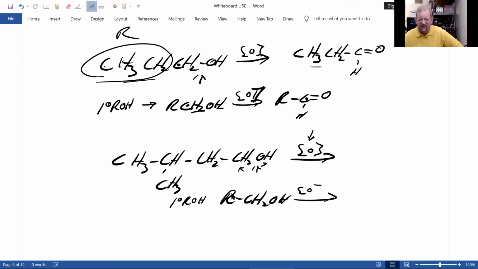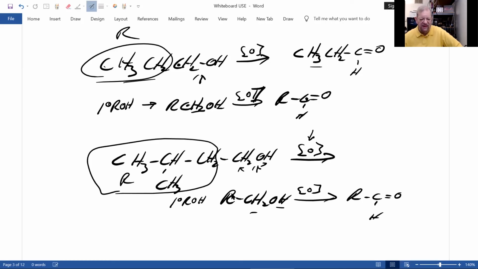This gets oxidized and you lose the hydrogen there and there, and you make an aldehyde. What's my R group here? These carbons. A carbon with the hydroxyl group becomes a carbon double bond to oxygen, the aldehyde, the carbonyl carbon.